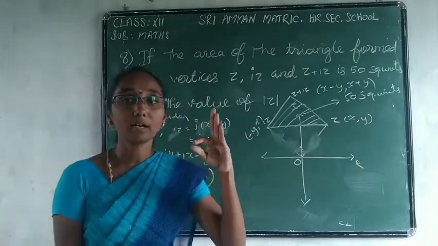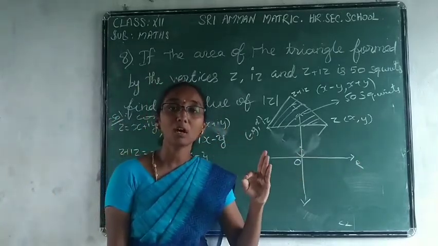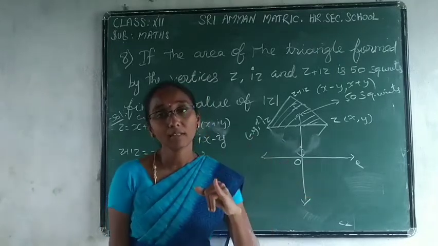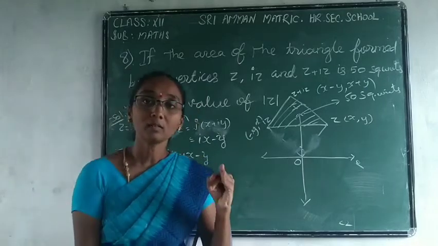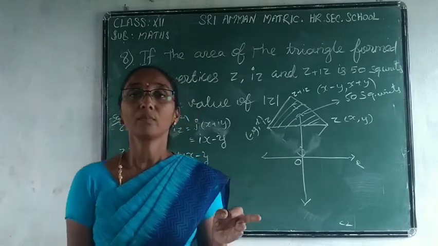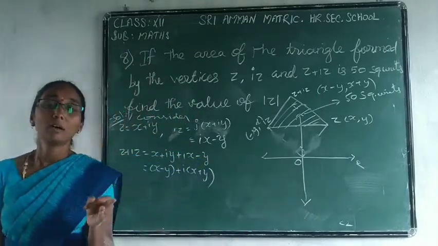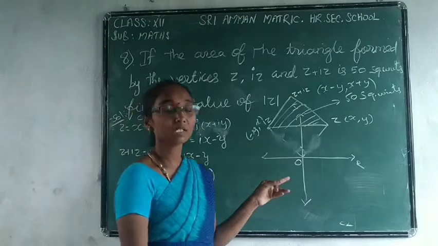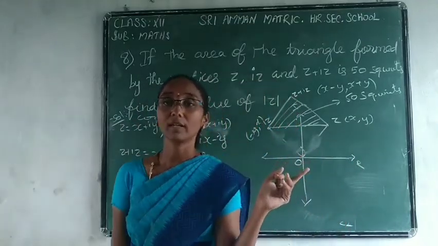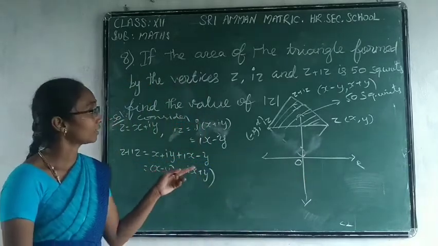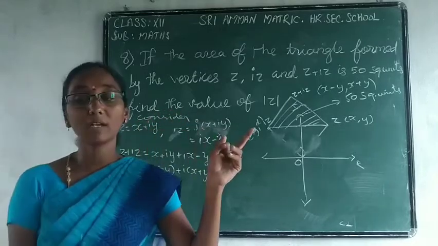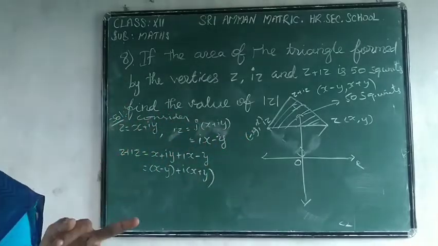You know the representation of a complex number in the Argand plane: ordered pair, or position vector. In this way we represent the complex number. Here we represent it as an ordered pair: z equal to (x, y), then (minus y, x), and then (x minus y, x plus y).